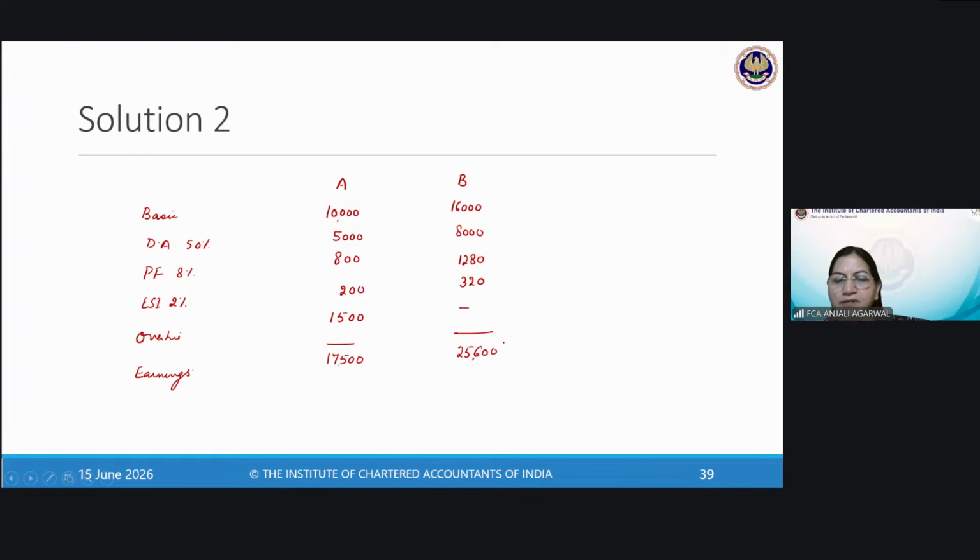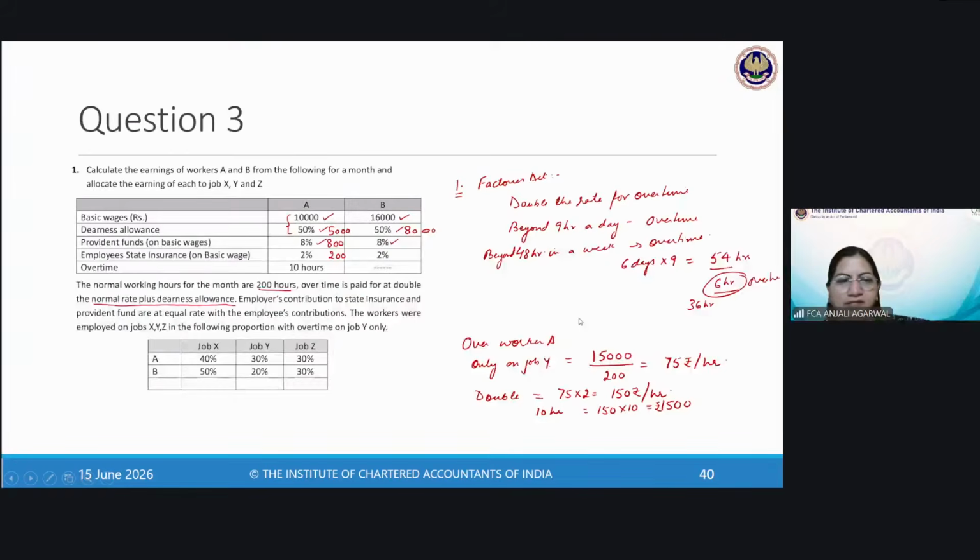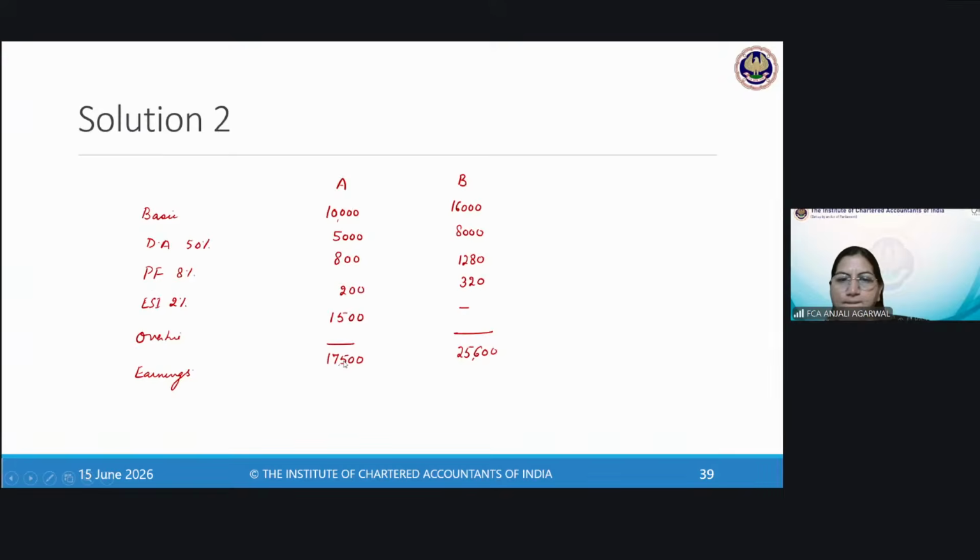Now we also need to allocate it to jobs X, Y, and Z. A gives 40, 30, 30. But we will take it as not 17,500. We will take it first without overtime.